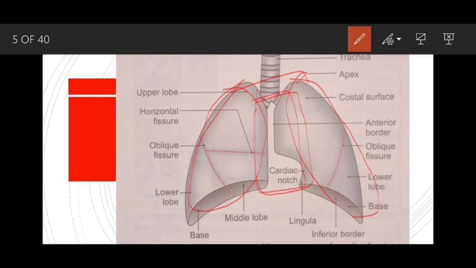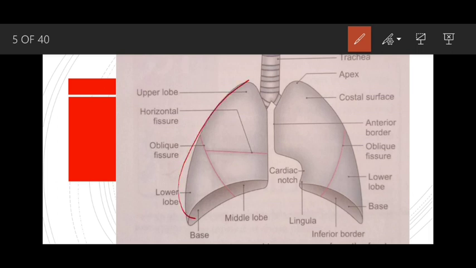So the lungs have two surfaces. The first is the costal surface, on both sides, and the second is the medial surface.